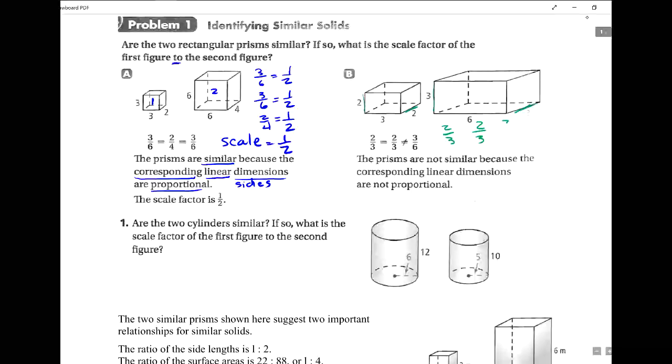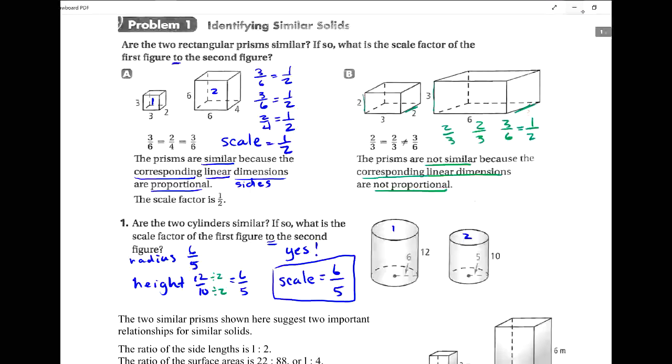All right. 3 to 6, that reduces to not 2 to 3, that reduces to a 1 to 2. These prisms are not similar because your corresponding linear dimensions are not proportional. We were doing all right there for a while, but all of your corresponding sides have to be proportional. Pause the video and do the next problem.